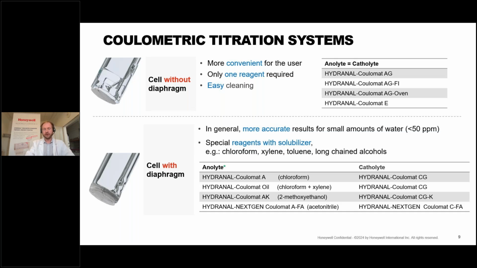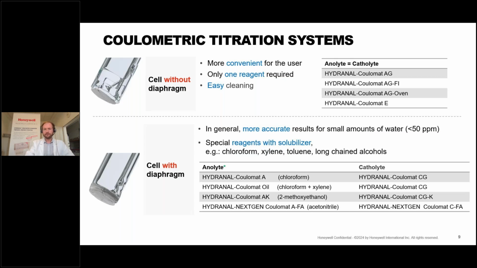It is also recommended for KF reagents that contain solubilizers like chloroform, xylene, and long-chain alcohols. As mentioned here, these reagents can also be used in the cell without diaphragm.